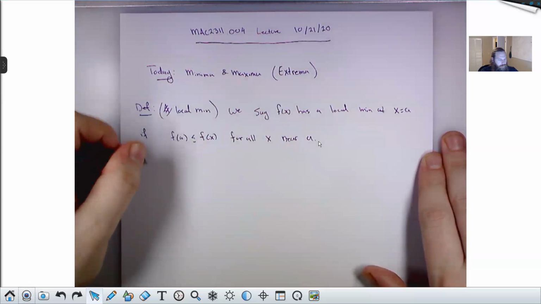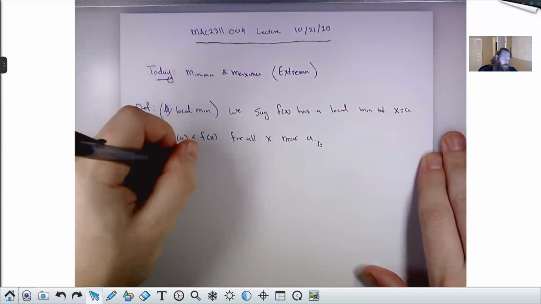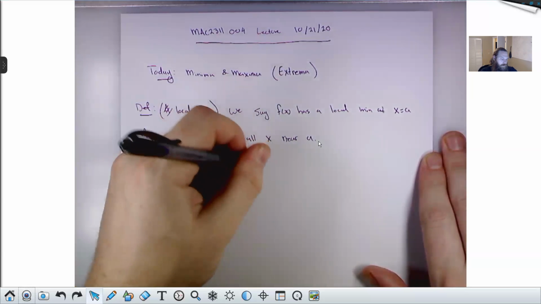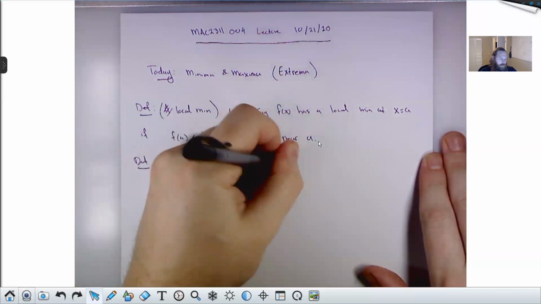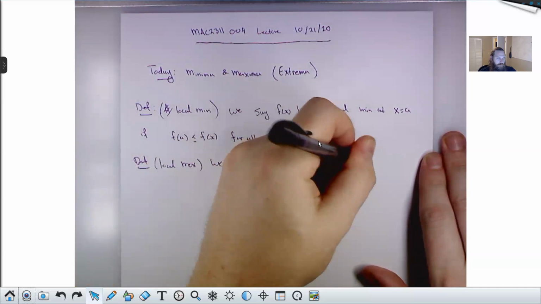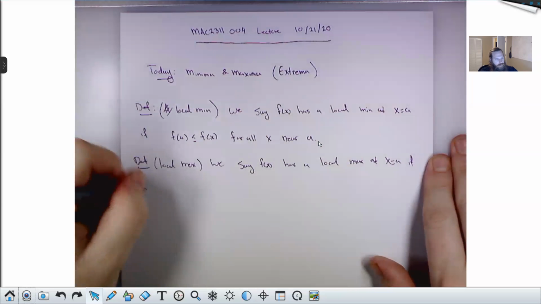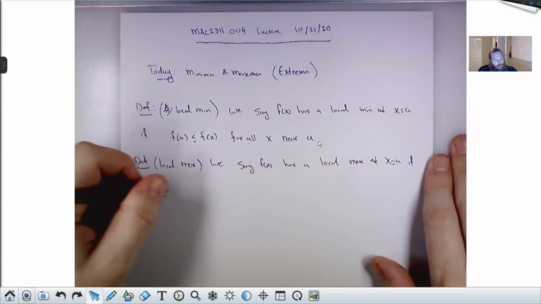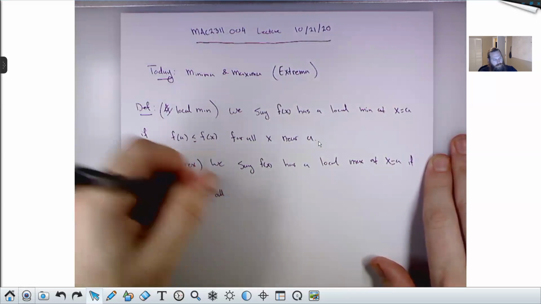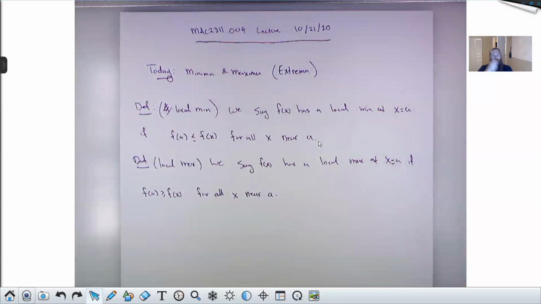And the definition of a local max: we say f of x has a local max at x equals a if f of a is greater than or equal to f of x for all x near a.